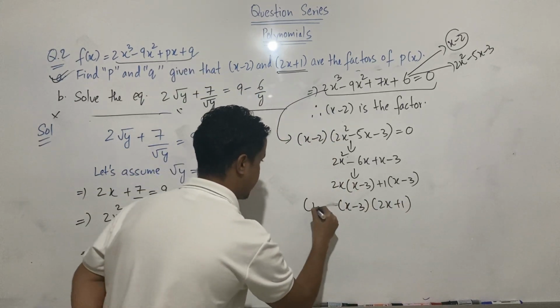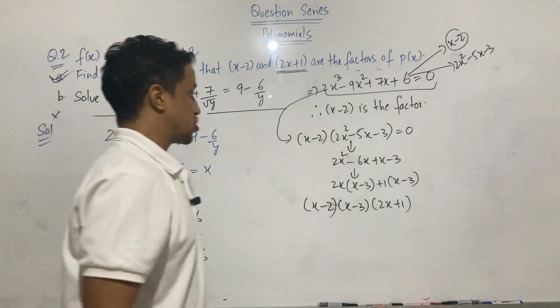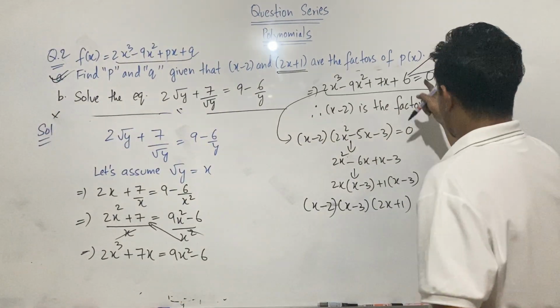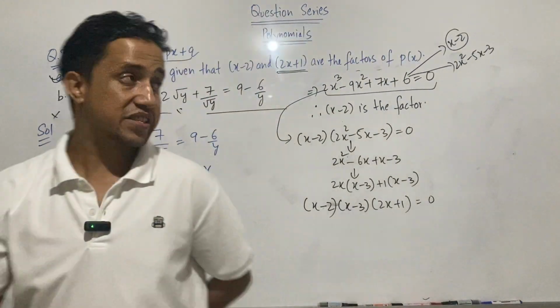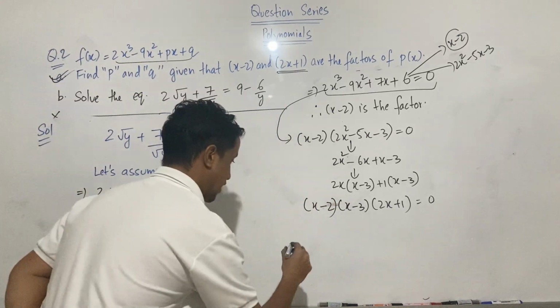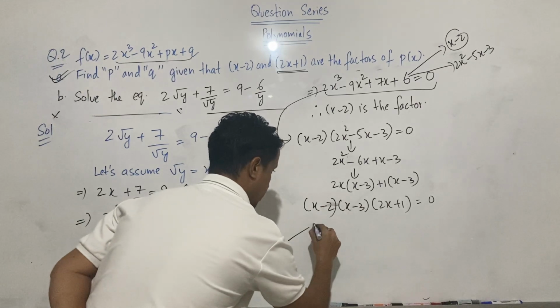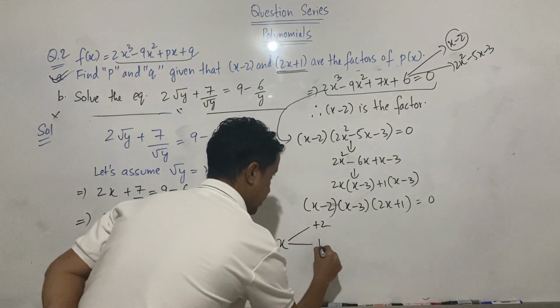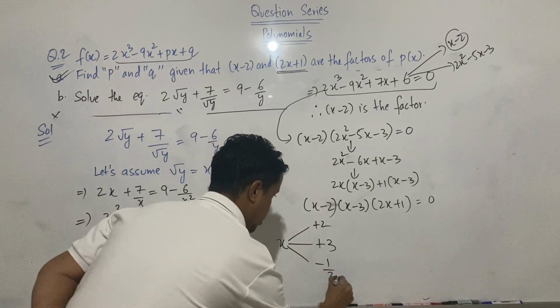From here we have x minus 2. So this equation has three factors. Now, if we have to find the value of x, then x is plus 2, from here plus 3, and from here minus 1 by 2.